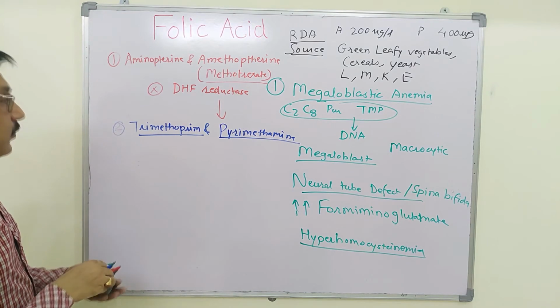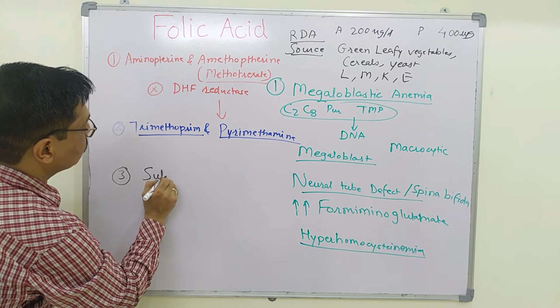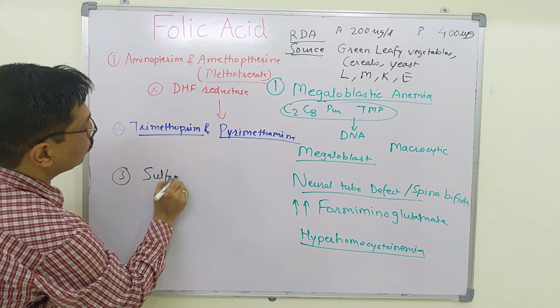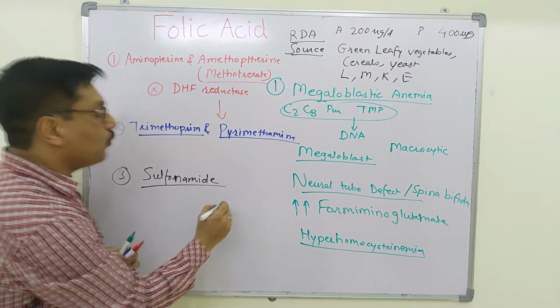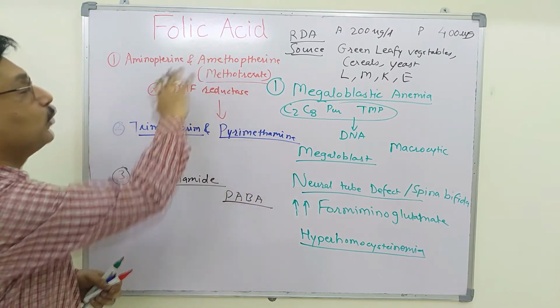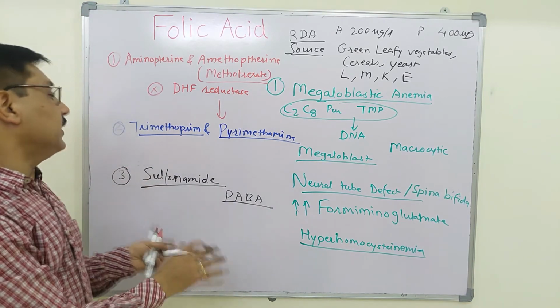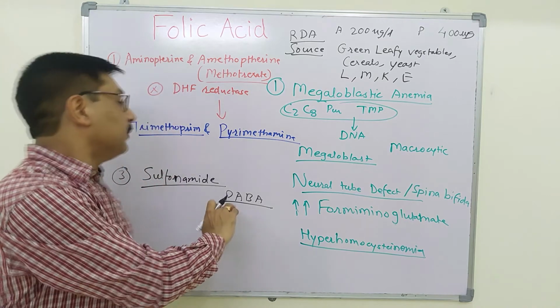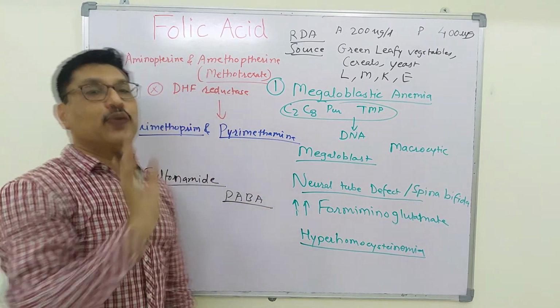And third one is sulfonamide. The sulfonamide is an analog of para-aminobenzoic acid. As we have seen in the structure of folic acid, there is para-aminobenzoic acid. Sulfonamide competes for this para-aminobenzoic acid and thereby inhibits synthesis of folic acid.